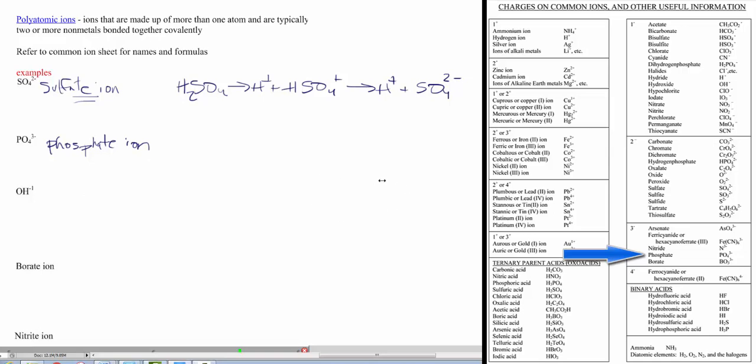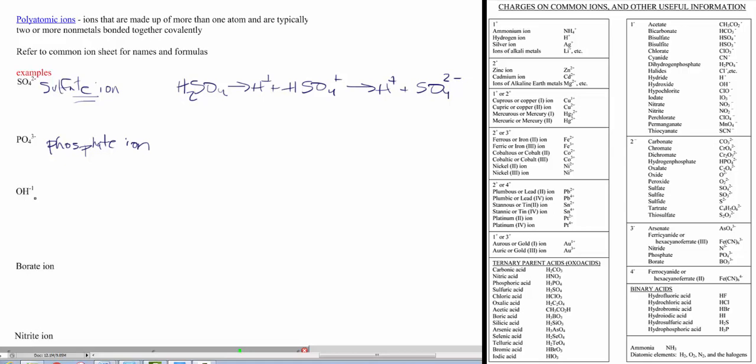Alright, if you'll have a look at the next species on our list here, the ion OH- is a little bit different from the ones we've just looked at. The OH- ion is not derived from a ternary acid. And the reason why we know that to be the case is because ternary acids contain hydrogen plus a nonmetal plus oxygen. The OH- does not contain another atom besides oxygen or hydrogen, so therefore it can't be a ternary acid ion.